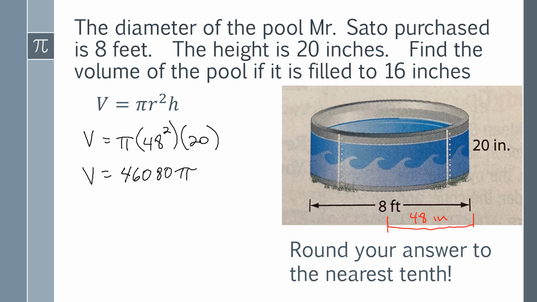So now we're going to multiply those two together, and I get my volume is approximately 144,764.58, which will round up to 144,764.6. And that is in cubic inches.